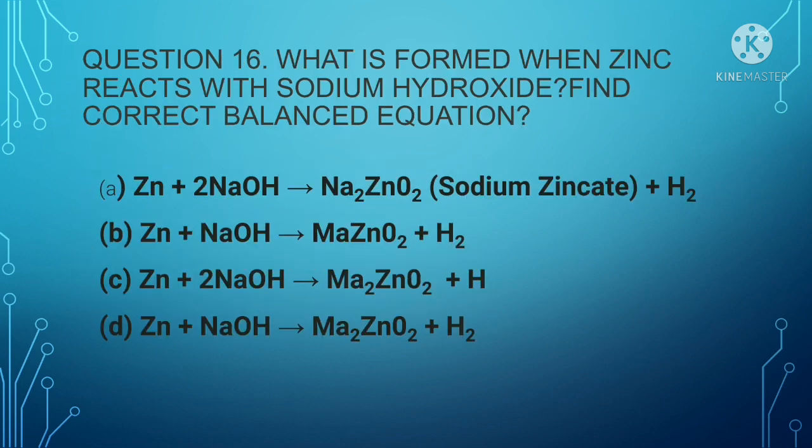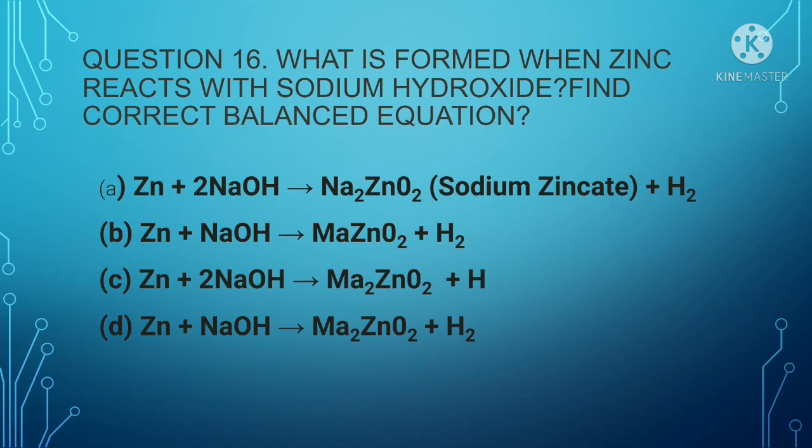Question number 16. What is formed when zinc reacts with sodium hydroxide? Already you learnt in the previous question, but here you have to find the balanced equation. Option A, Zn plus 2NaOH gives rise to Na2ZnO2, that is sodium zincate, plus H2.